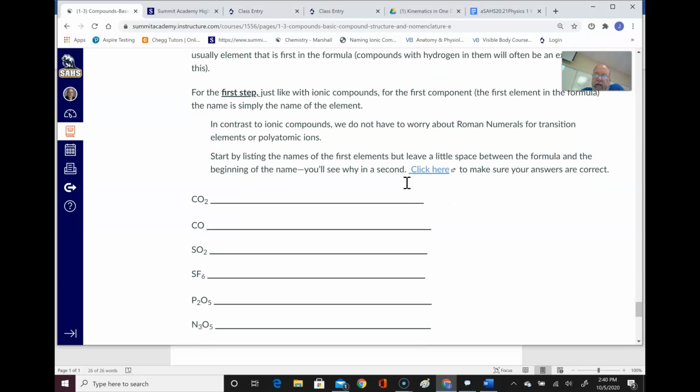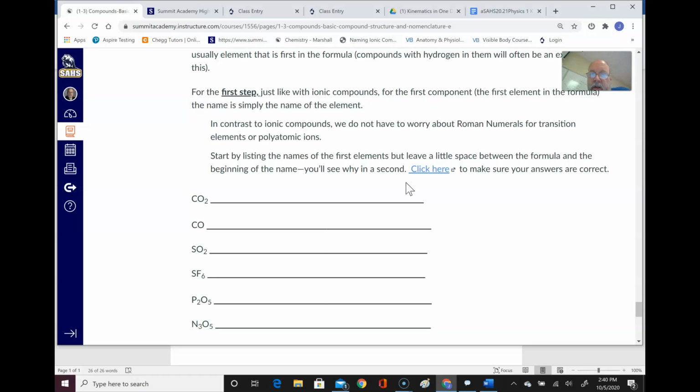Okay, so in the first step, just like with ionic compounds, the first component, the first element in the formula, is simply the name of the element. In contrast to ionic compounds, we don't have to worry about Roman numerals for transition elements or polyatomic ions.